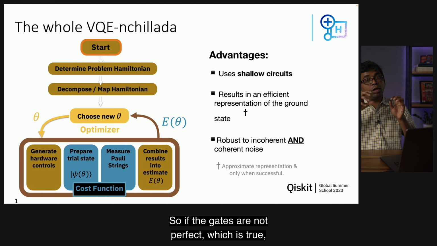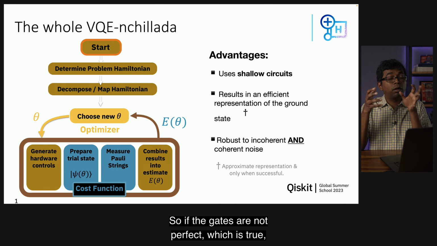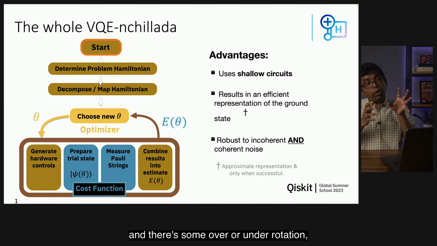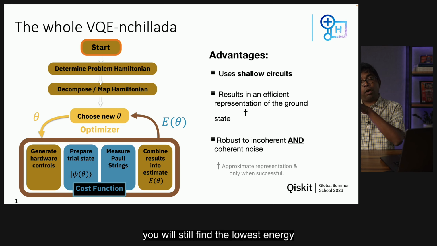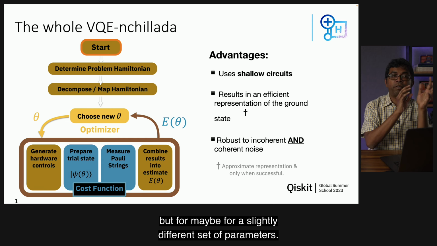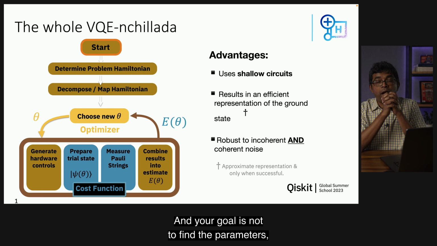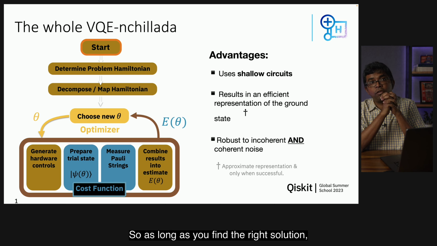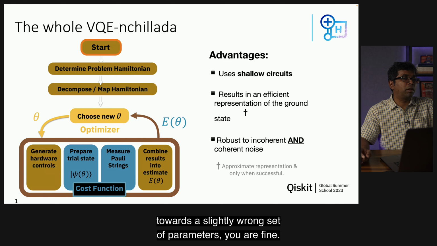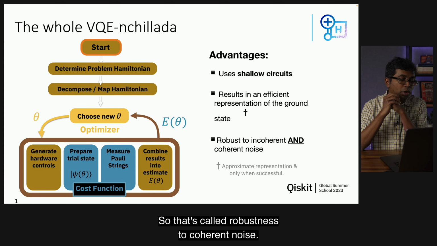So if the gates are not perfect, which is true, and there's some over or under rotation, you will still find the lowest energy or something close to that energy, but maybe for a slightly different set of parameters. Your goal is not to find the parameters, it is to find the solution. So as long as you find the right solution, even if it is skewed towards a slightly wrong set of parameters, you're fine. That's called robustness to coherent noise.